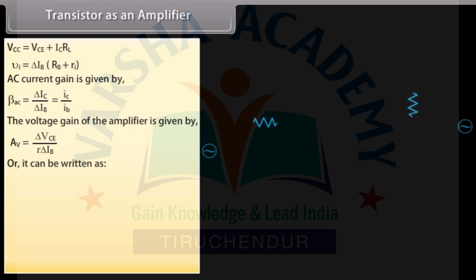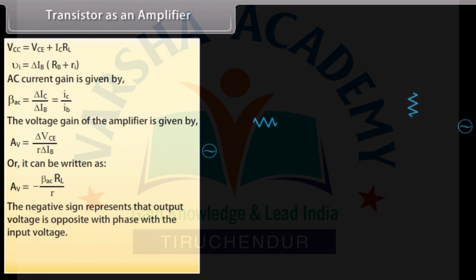Or it can be written as AV is equal to minus beta AC RL upon Ri. The negative sign represents that the output voltage is opposite in phase with the input voltage. The power gain of the amplifier is given by AP is equal to the product of beta AC and AV.